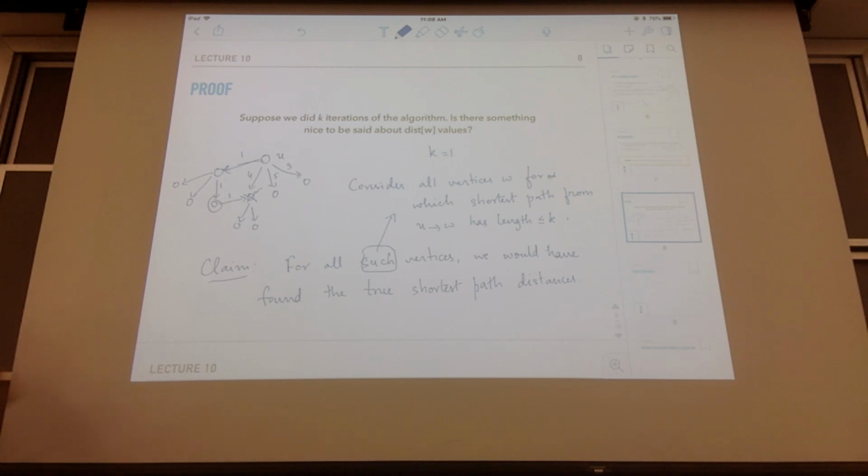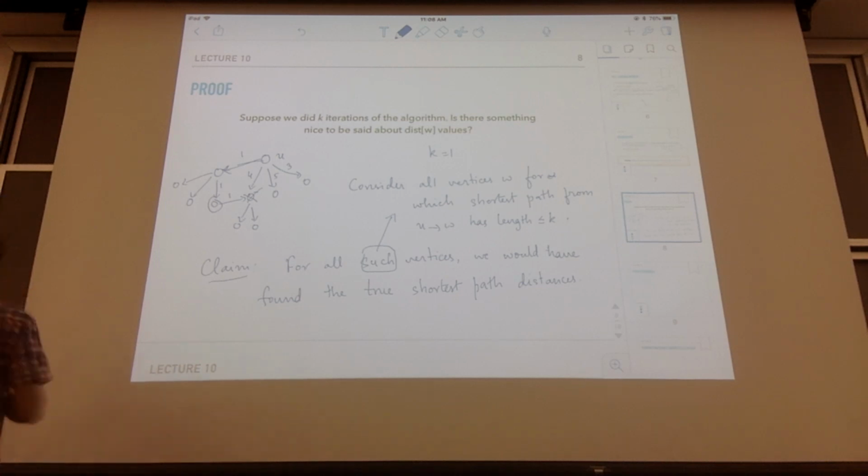Okay. And so this is a slight modification of what he said, but this is the slight trick to this proof. Okay, so you say that I will order vertices by the length of the shortest paths from u to that vertex, and if the shortest path had length k, so you might say, okay, there might be vertices for which there are two shortest paths. Just consider the min of the two.